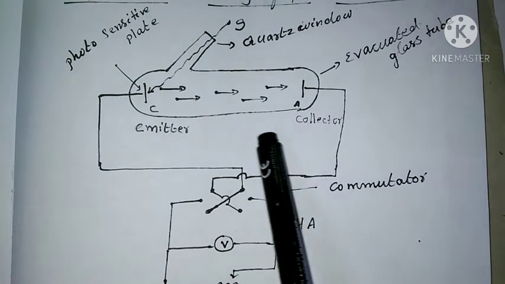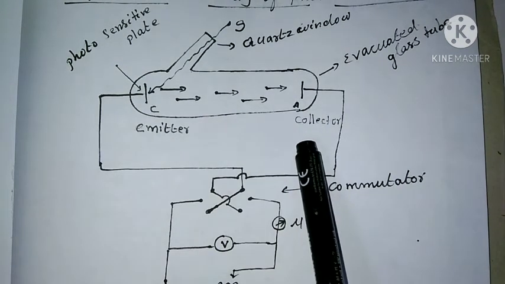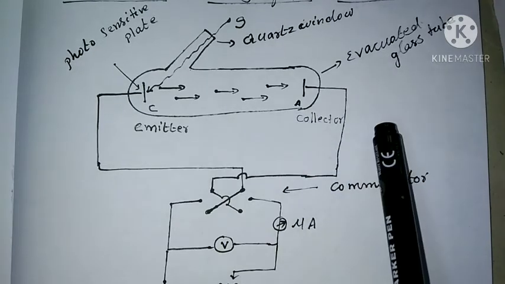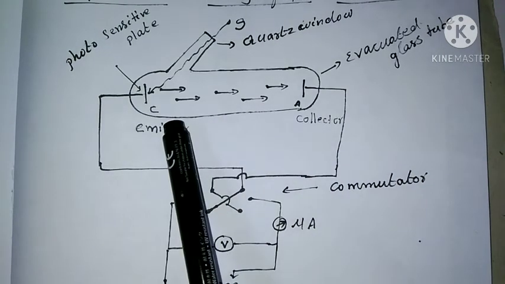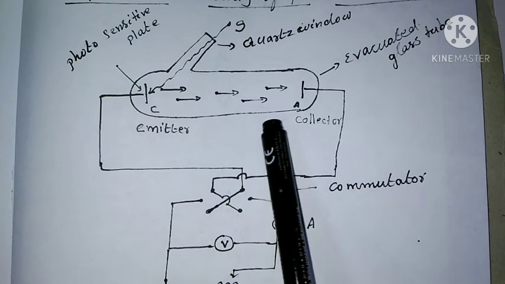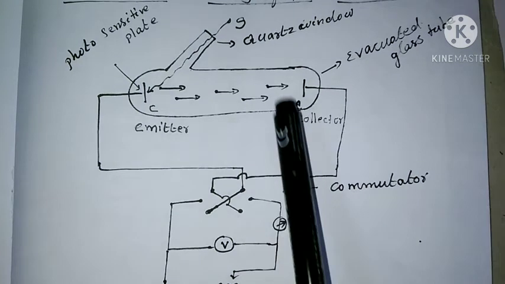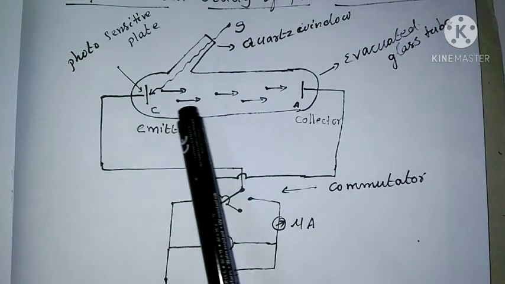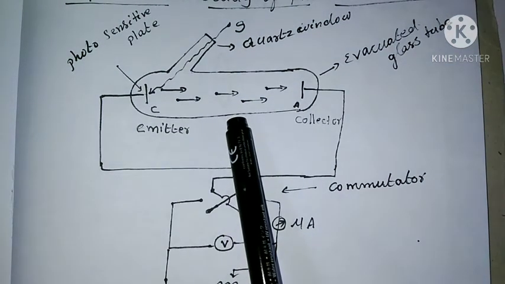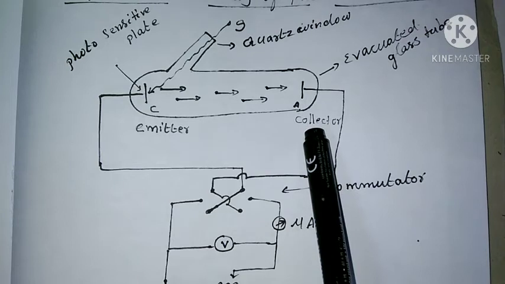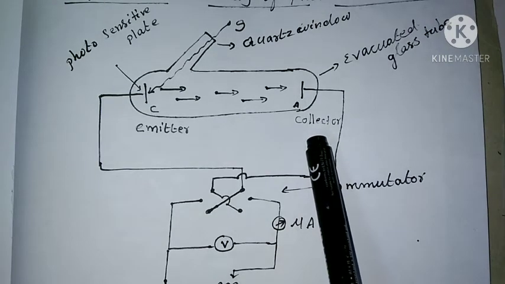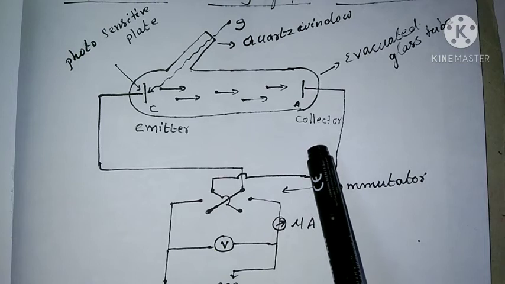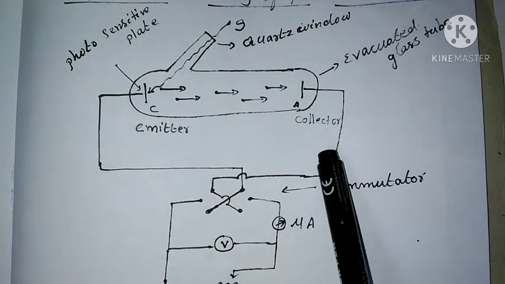Then when you increase the collector potential again, no additional electrons are emitted from the emitter, because the intensity is fixed. All the electrons are emitted by the emitter and collected at the collector plate, so the current becomes a maximum value. This maximum value of the photoelectric current is called the saturation current.